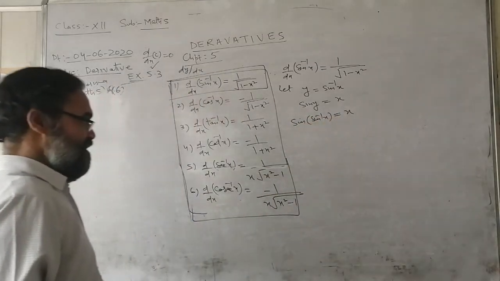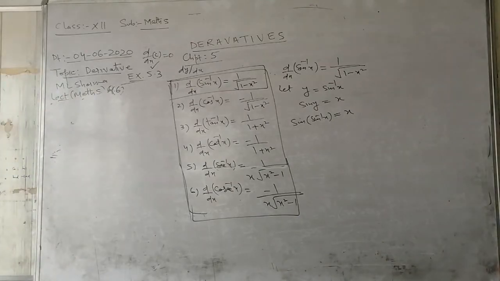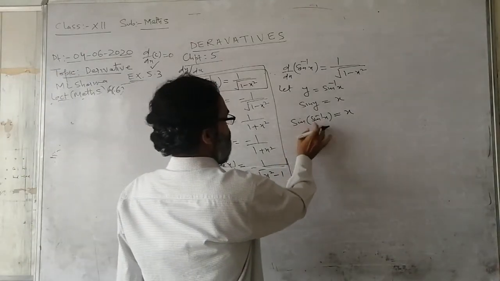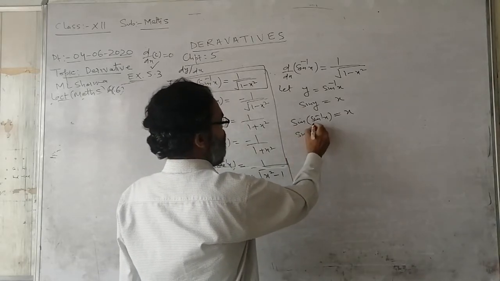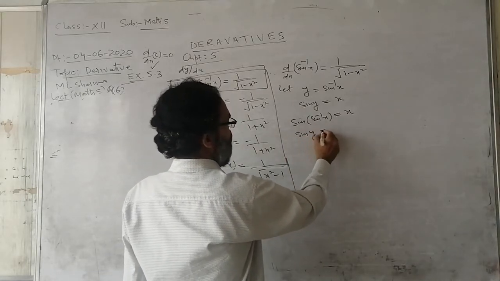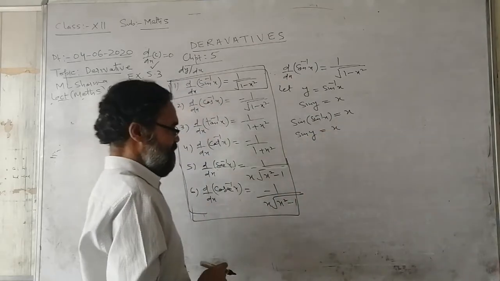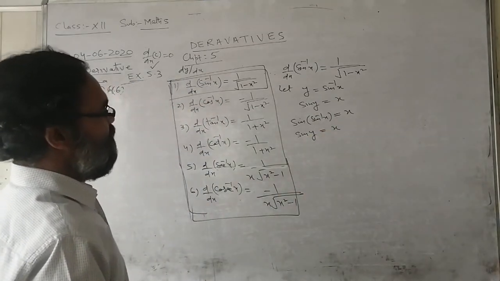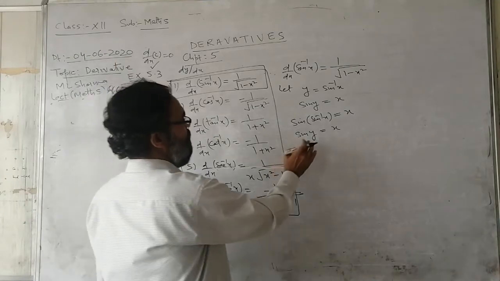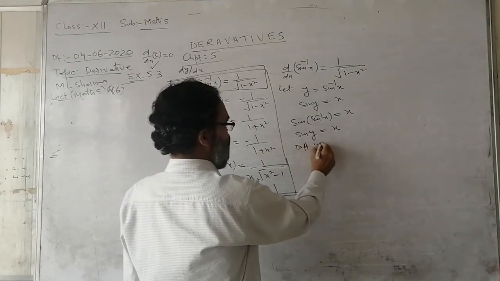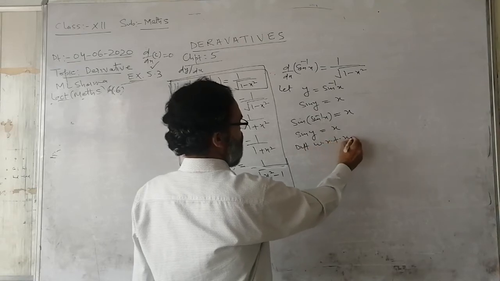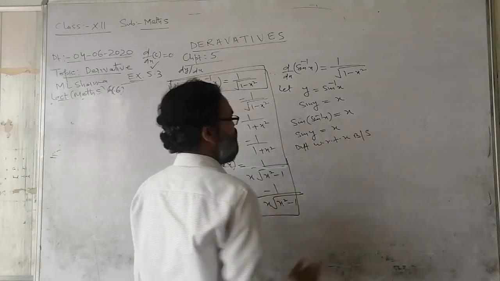This is the formula in inverse trigonometric functions you might have studied. So I can write sine y equal to x. So if I differentiate these both sides, differentiate with respect to x both sides.